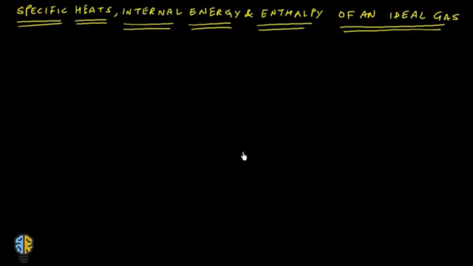Now an ideal gas not only satisfies the equation of state, that is PV = RT, but its specific heats are constant also. For real gases, these vary appreciably with temperature and a little bit with pressure.